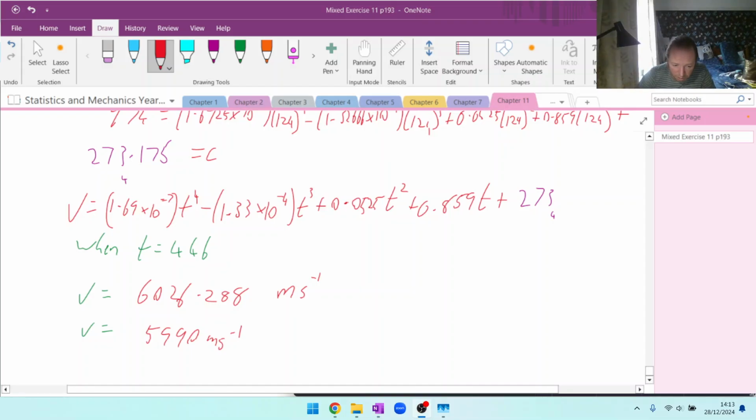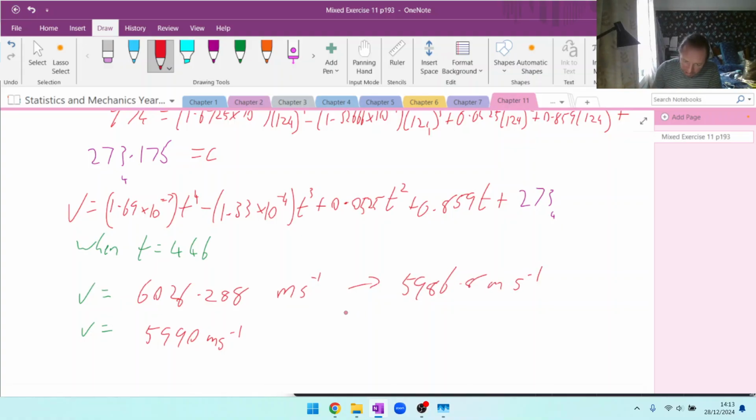Right then, having just gone through it again and put in with the rounding all the significant figures, but using my 273 value, not their 274 in the one, I have come out with 5,986.8 meters a second minus 1, which does, when rounding to 3 significant figures, give you 5,990. This is a rubbish question, but that's only my opinion, so doesn't count for a lot.